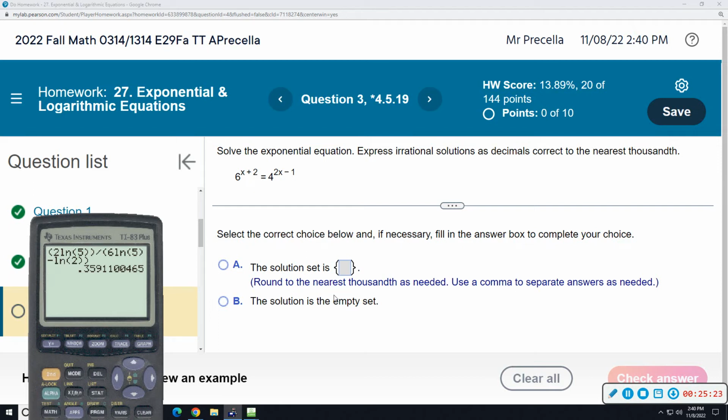Here it says round to the nearest thousandth. Digits after the decimal point are tenths, hundredths, thousandth. So this one is another one where we're going to round just to 3 decimal places. That's what it means by the thousandth.